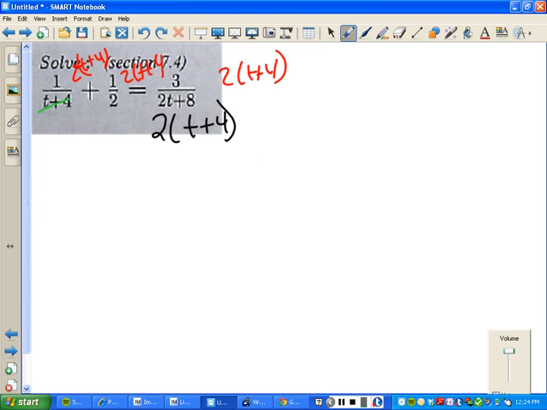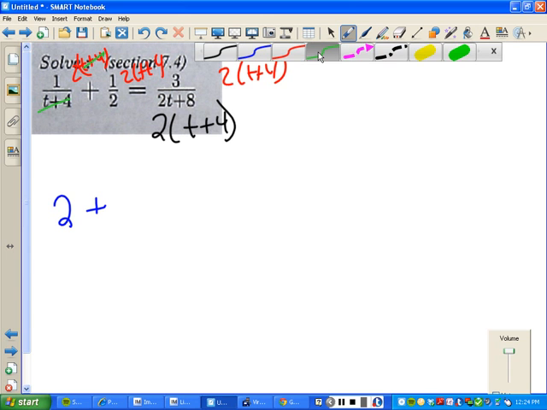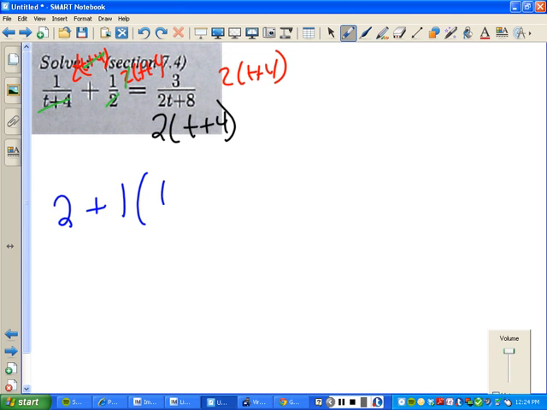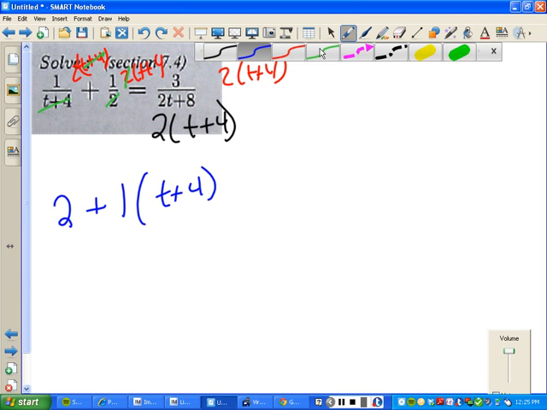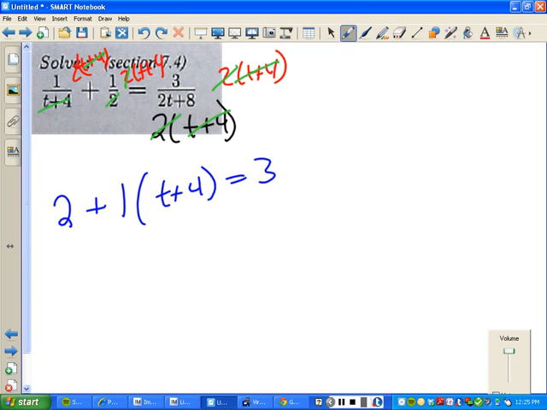T plus 4 cancels. You're left with 2 plus, here the 2 and the 2 cancel, you're left with 1 times t plus 4. And then here, the 2 and the 2 cancel, the t plus 4 and t plus 4 cancel. You're left with only 3.